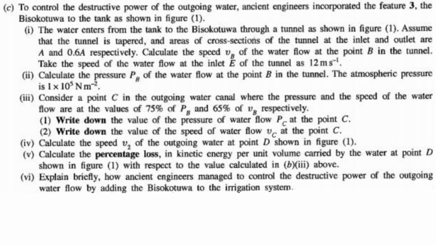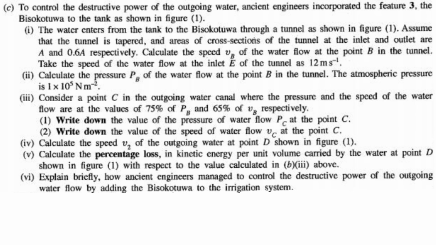Assuming that the tunnel is tapered and the areas of cross-section of the tunnel at inlet and outlet are A and 0.6A respectively, calculate the speed Vb of the water flow at point B in the tunnel.